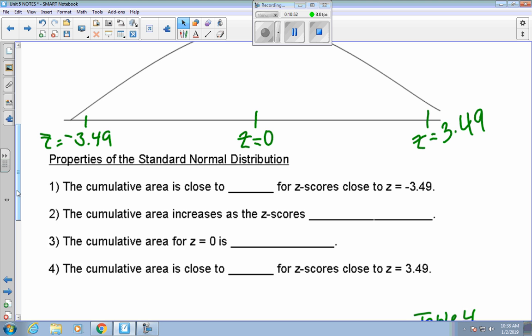Now the table we're going to look at is in the back of the book, and there's a couple different places for this table. We already used table 2, which was the binomial distribution. We are going to go to page A16 and A17.